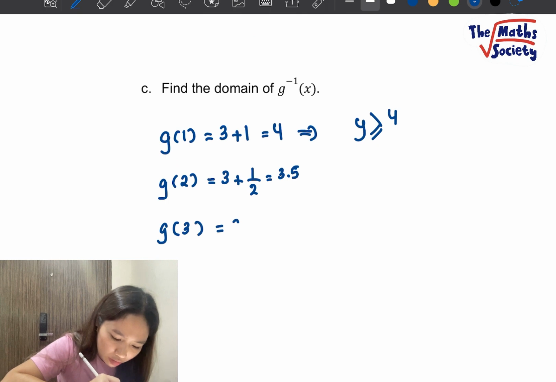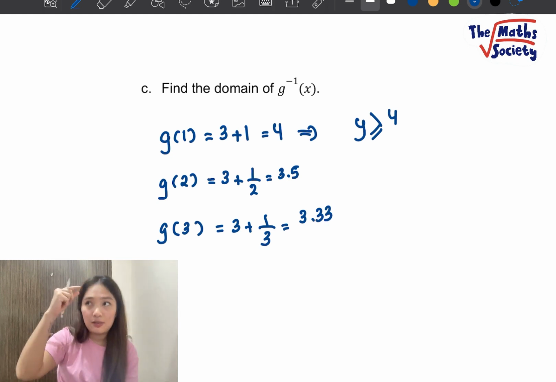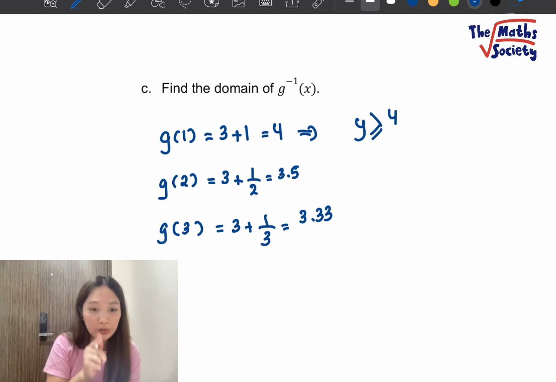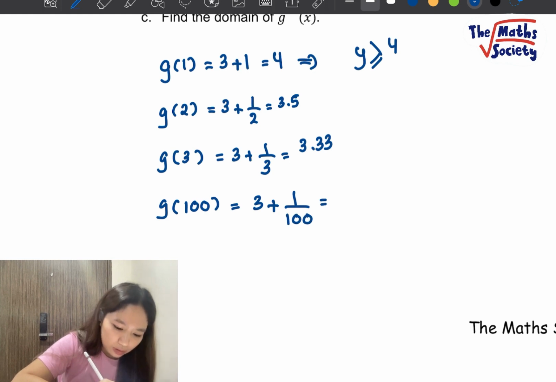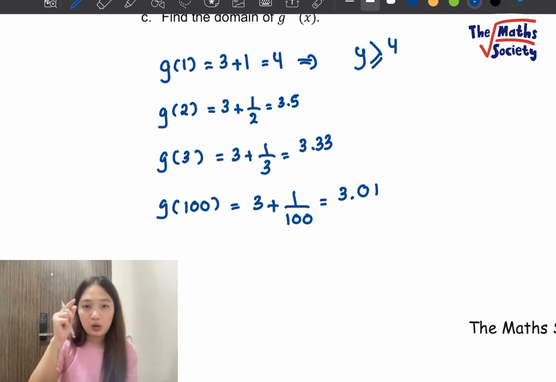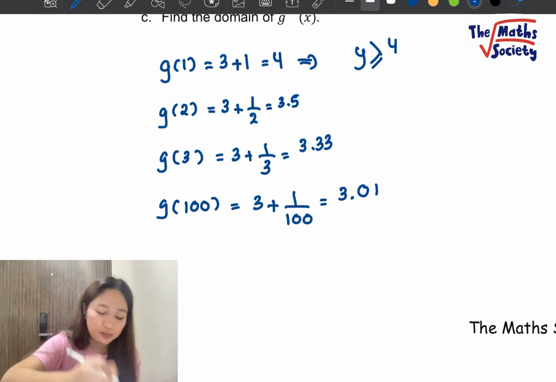G of 3 will give you 3 plus 1 by 3, which is equal to 3.33 something. So it's getting pretty close to 3, but it will never touch 3, because let's say we have G of 100, it will be 3 plus 1 by 100, which will give us 3.01. So it will keep going very close to 3, but it will never touch 3.